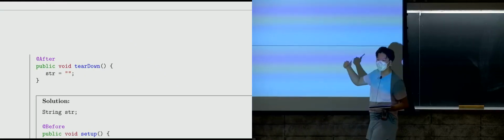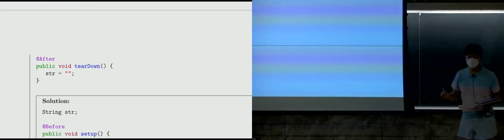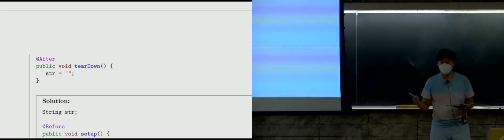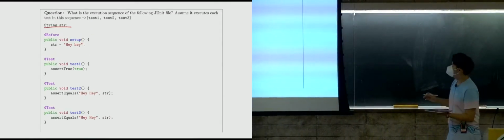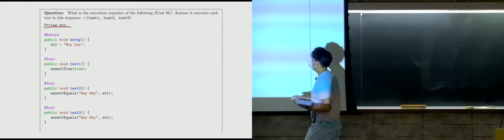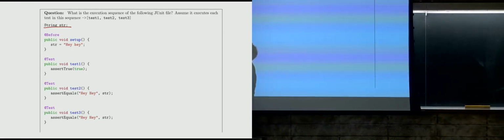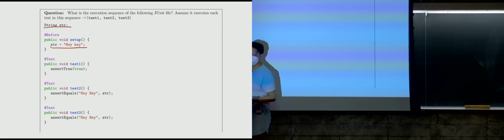So you clear what's inside. Yeah. So before is run every single time before the test, right? And I want to save something from the before. I want this string, hey, to be usable in the test later on, right?